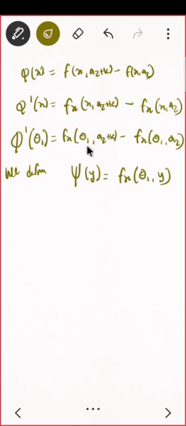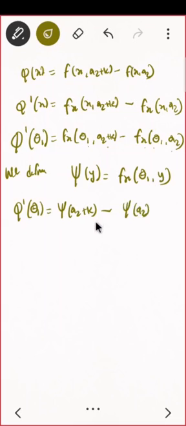This is fx of theta 1 comma something. So can I write my phi dash in terms of psi? Yes, phi dash of theta 1 will be equal to psi of e2 plus k minus psi of e2. Correct?